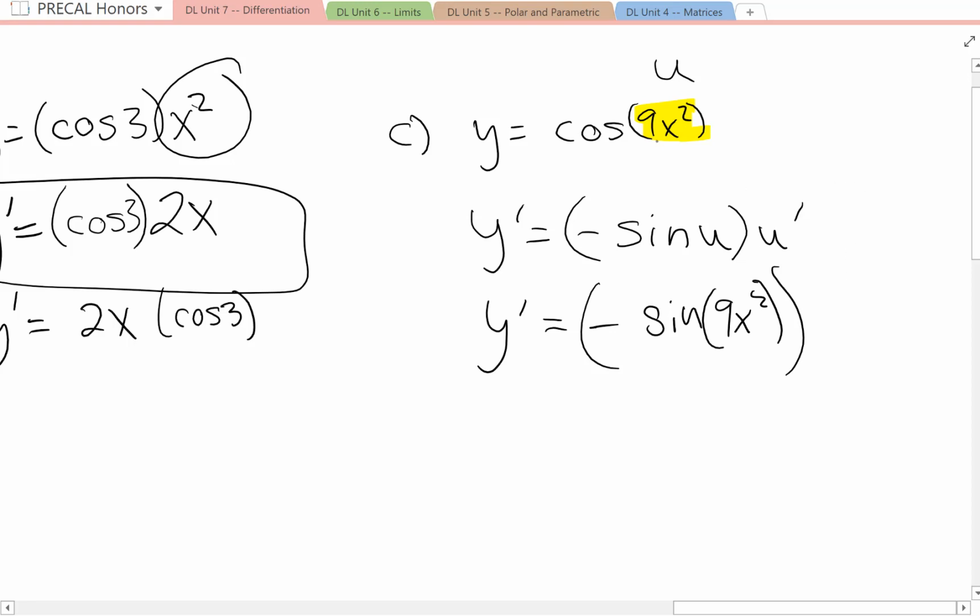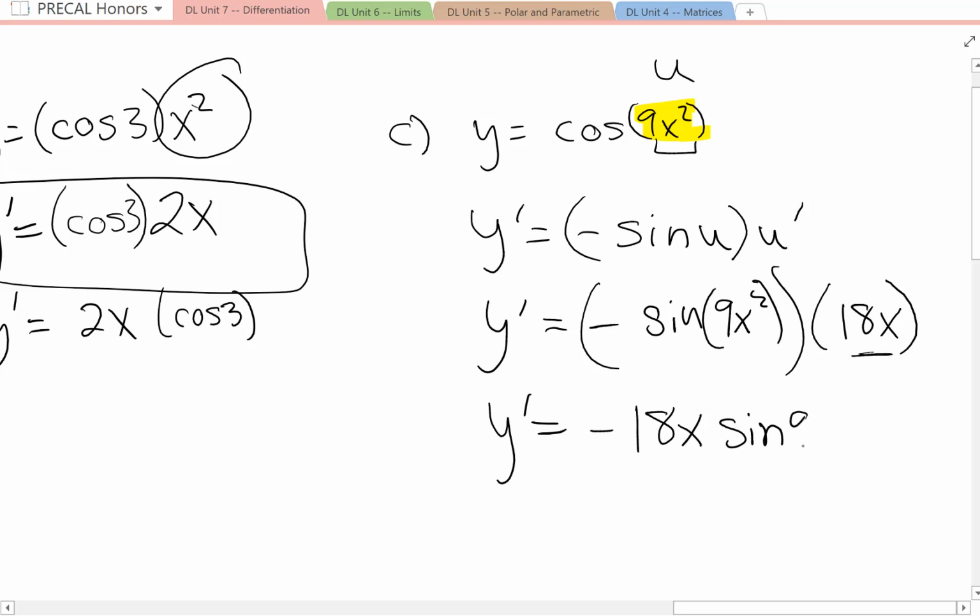What is the derivative of 9x squared? Pop down, power down, you get 18x to the 1. Just go ahead and clean it up by bringing 18x to the front, so negative 18x times sine of 9x squared. You can put parentheses around the 9x squared, or you do not have to.